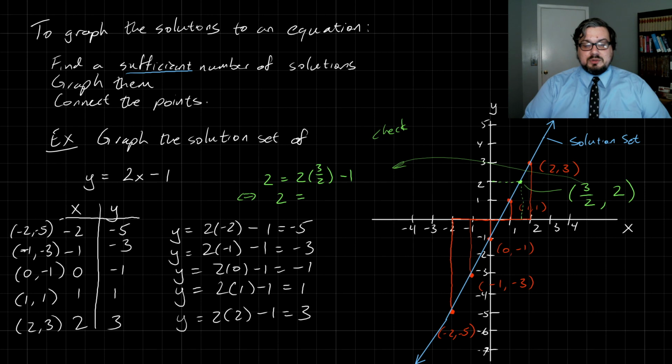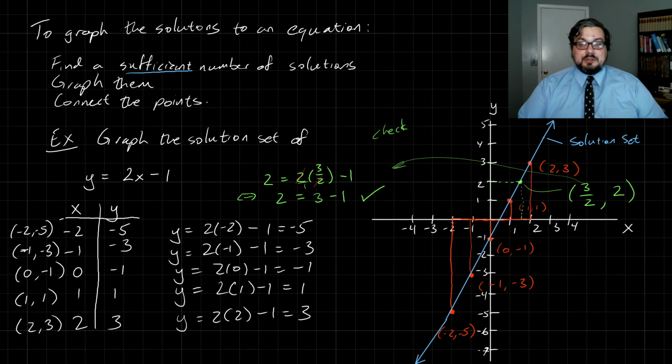That gives us 2 equals, now 2 times 3 halves is actually 2 over 1 times 3 halves, which means we get cancellation of these 2's right here. Canceling the 2's gives us 3 minus 1. So 2 times 3 halves is 3. So we get the equation 2 equals 3 minus 1, which checks out. So that tells us that this green point right here is a solution to the original equation we looked at.